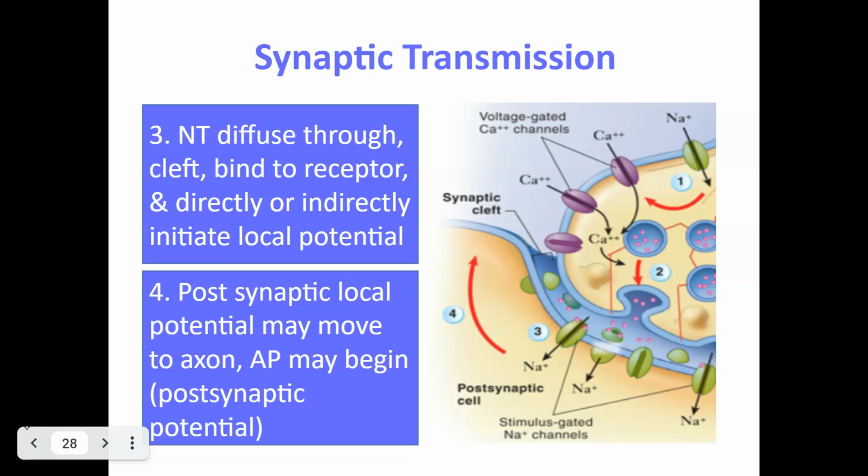And then here at number 4, the postsynaptic potential may move to the axon, and it could help to generate another action potential to travel through the axon of this postsynaptic cell. So those are the things that are happening during synaptic transmission.